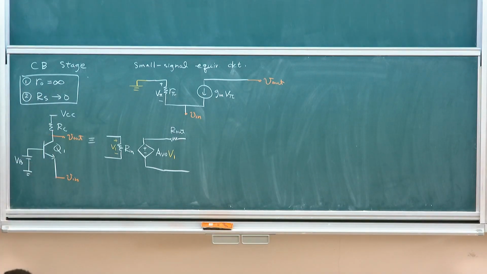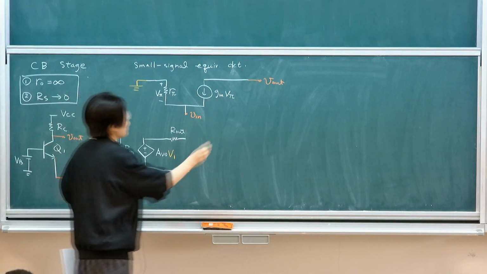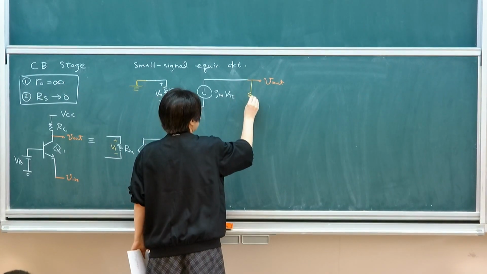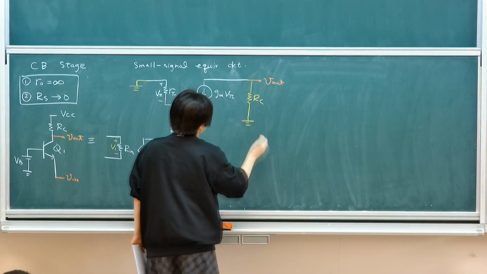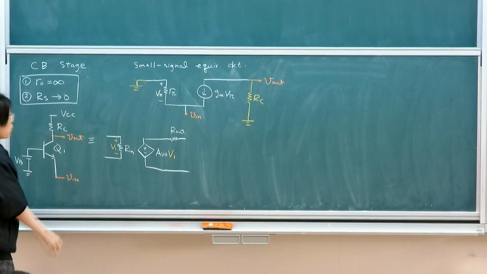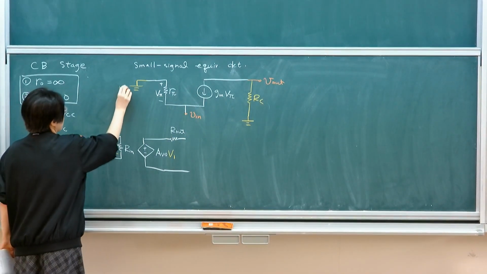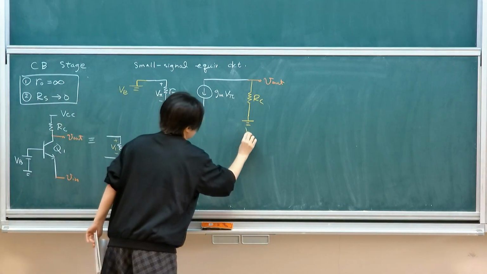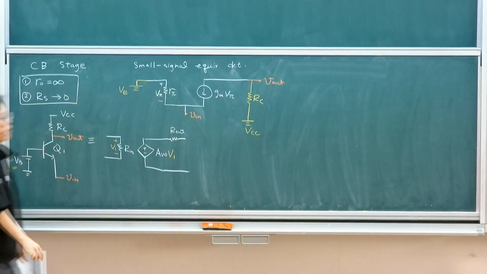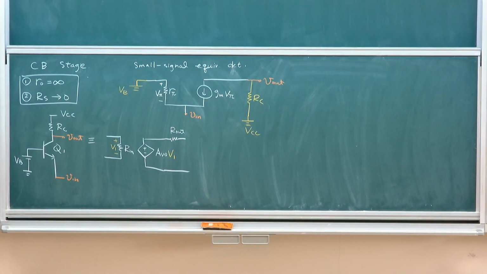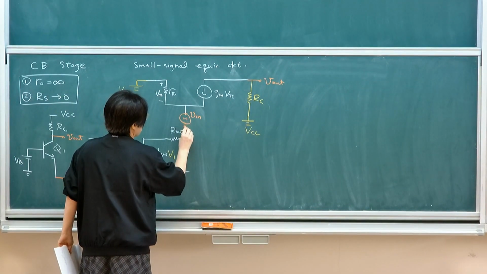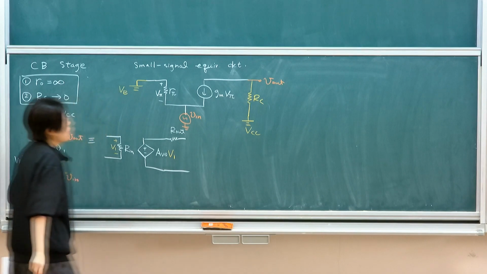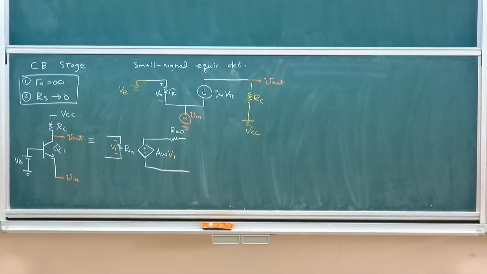And my collector terminal is connected to an RC and then connected to ground. This is another AC ground. So you have two AC grounds. This is VB. This is VCC. Both AC ground. So then I'm assuming my signal is coming in from here. This is my input signal. I'm going to look at how the circuit behaves.